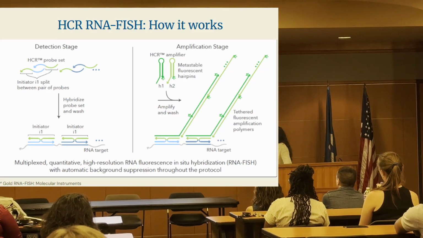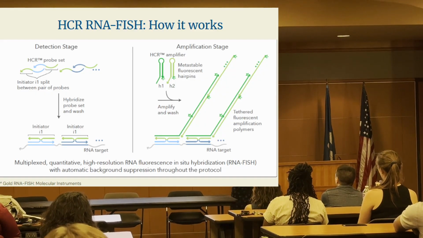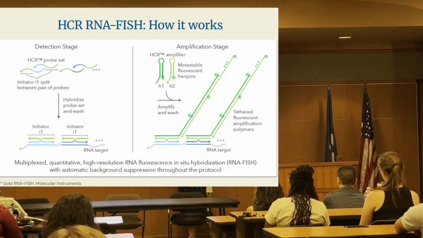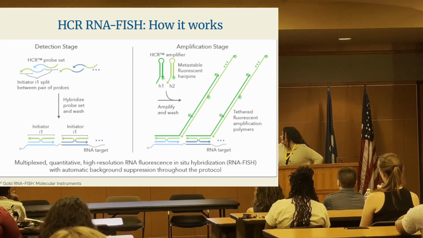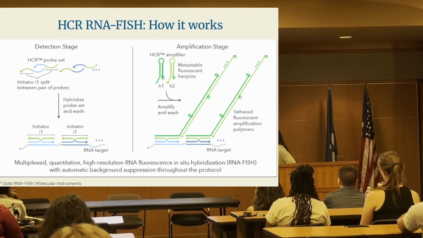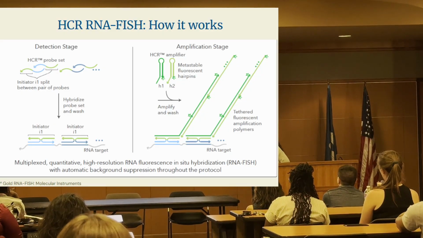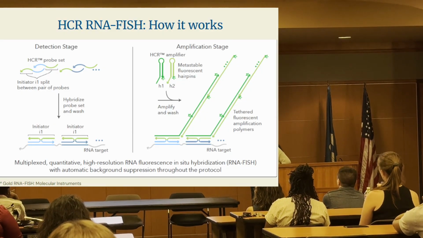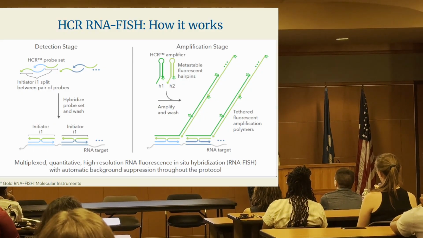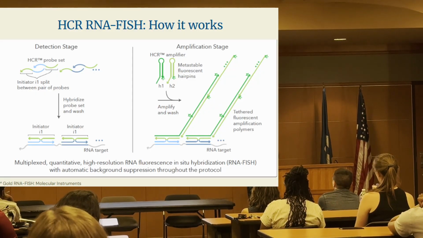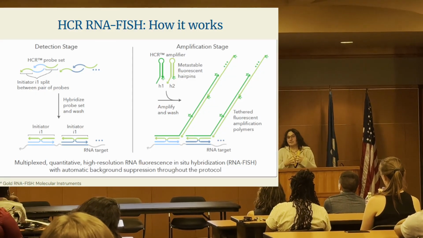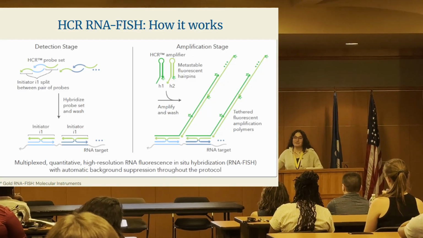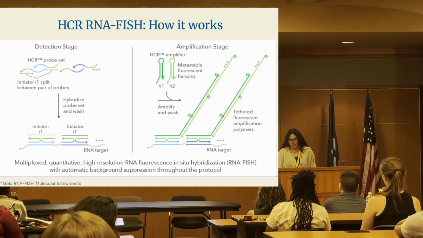And then there are hairpins, which have fluorescent markers that are notated as stars here, and there is an amplification step. So the hairpins go into the tissue, bind to the probe set, which is then bound to the RNA target. And then there's an amplification where hairpins are binding to other hairpins, so the fluorescent signal is going to be amplified to the point where that chain reaction is occurring.